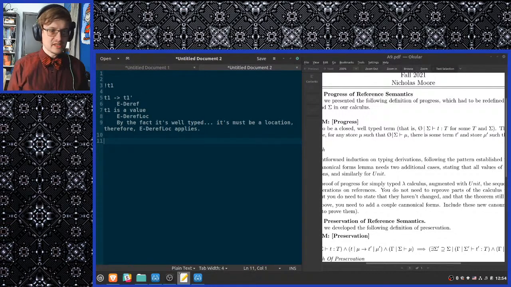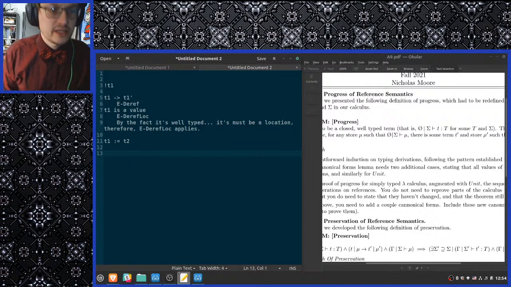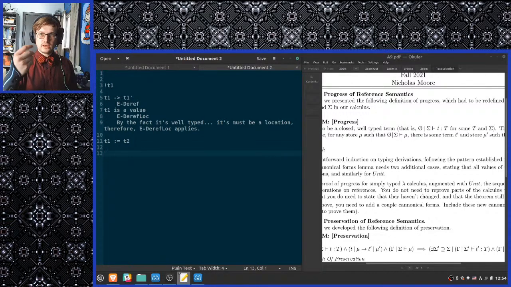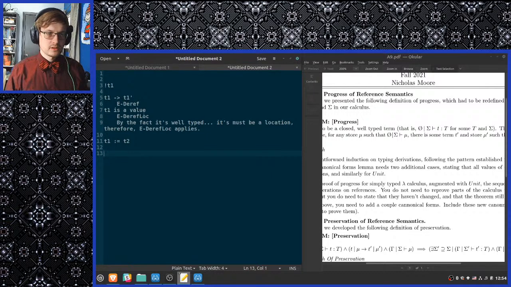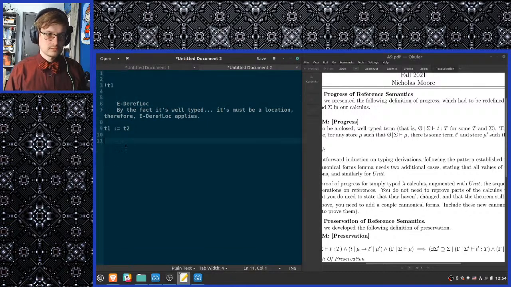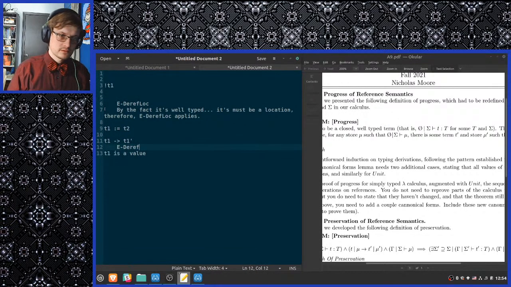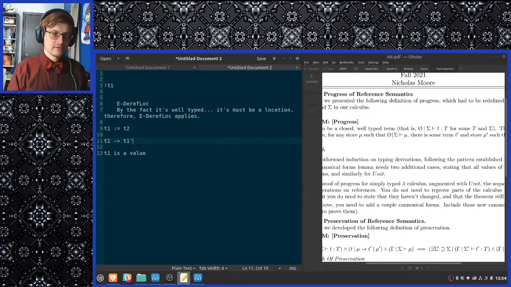We then have assignment. So T1 is assigned T2. For that case, we actually have to break this into 4 subcases, right? Either T1 is evaluated and T2 is evaluated. T1 is a value and T2 is evaluated.